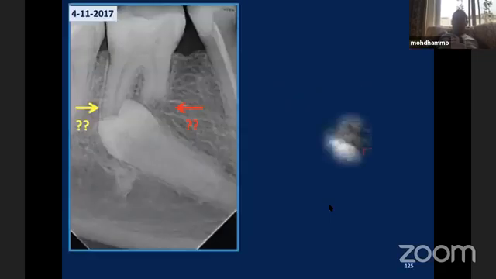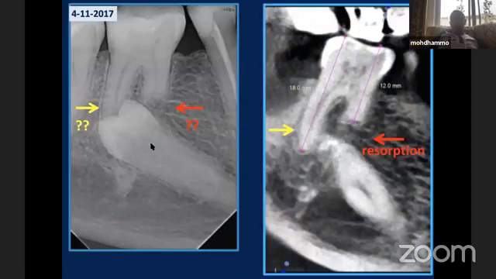In case of this one, it caused a resorption, but fortunately this patient is 40 years old. The resorption occurred due to pressure of the premolar on the mesial root, but for the distal root there is no resorption and the premolar stopped here.